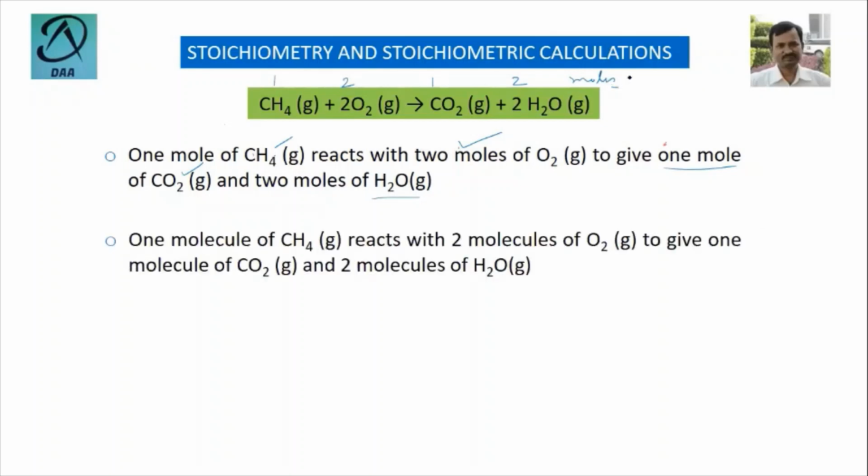Otherwise, you can consider molecules also in place of moles, then you have to write 1 molecule of CH4 gas reacts with 2 molecules of O2 gas to form 1 molecule of CO2 gas and 2 molecules of H2O water vapor in gaseous state.